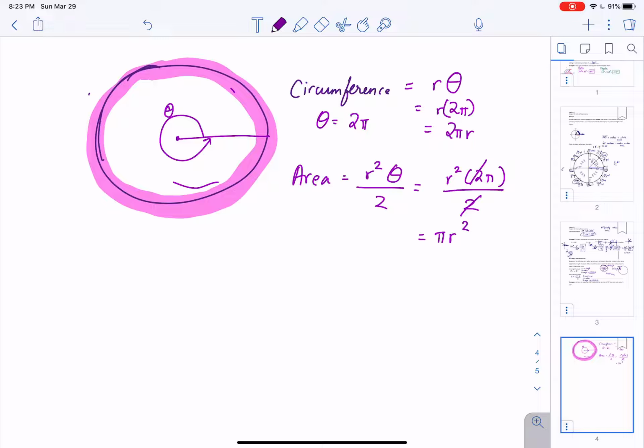In fact, they are the circumference and area of the circle, and we're just cutting it down based on the angle. So if we don't want the whole circle, we just want that bit of the circle, then we just need to change the angle to whatever that piece is, and we'll get the new length on the outside and the new area on the inside.